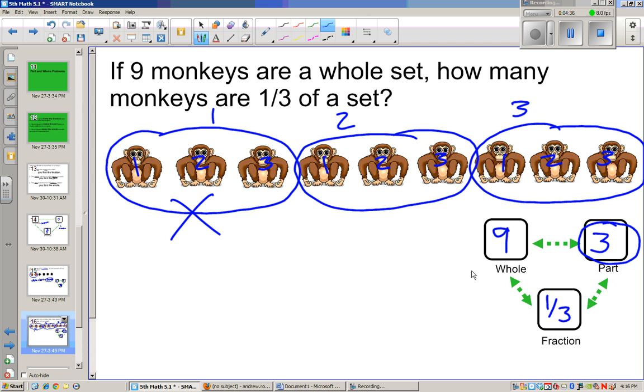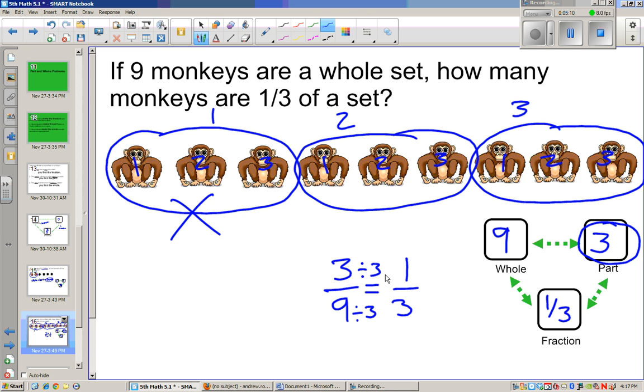Now you may be saying to yourself, Mr. Rockenstein, you just got done telling us that the whole was the denominator and the part is the numerator. Well, I did. It doesn't look like it though, does it? Because our fraction is 1/3. Well, here's something to blow your mind. 3/9 and 1/3 are equal. How do I know that they're equal? Well, if I divide the top and the bottom of 3/9 by the same thing, let's try 3.